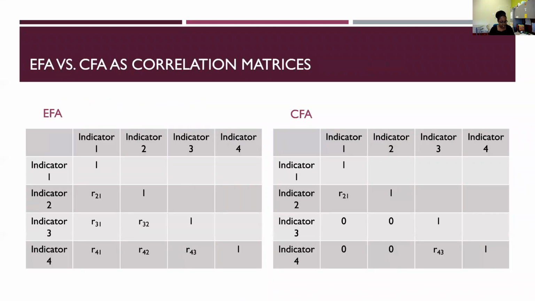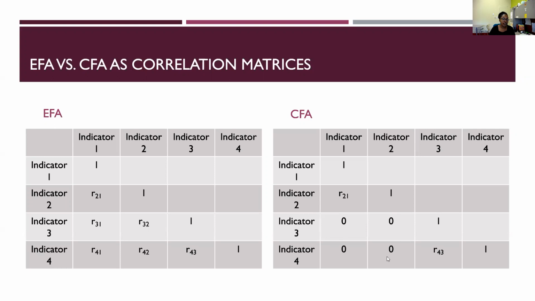If you think in matrices, this example might help. Imagine these tables are the covariance matrices between our 4 indicators. In an exploratory factor analysis, we would have a correlation between every single indicator because we think they're all related to each other. But in confirmatory factor analysis, we would only have a correlation between indicator 1 and indicator 2, and indicator 3 and indicator 4.